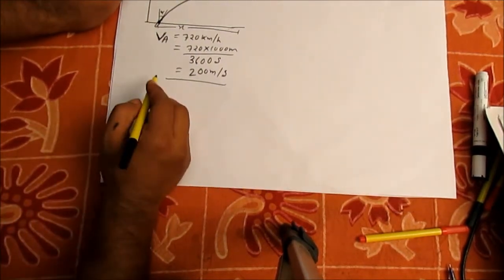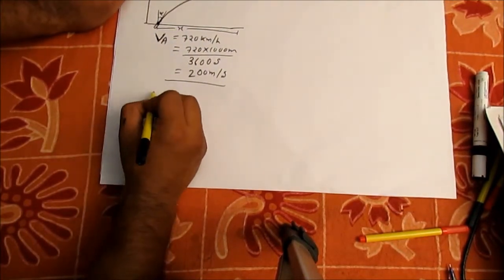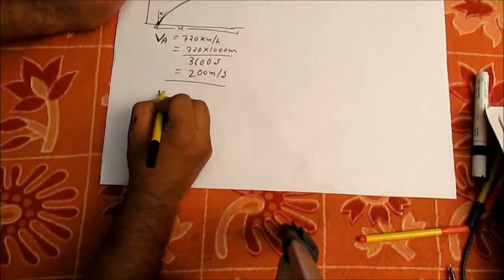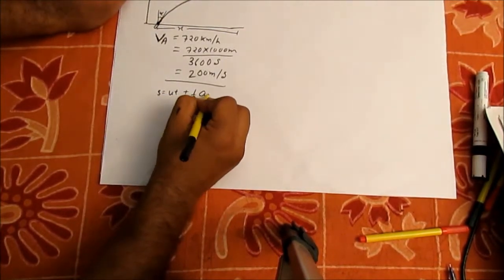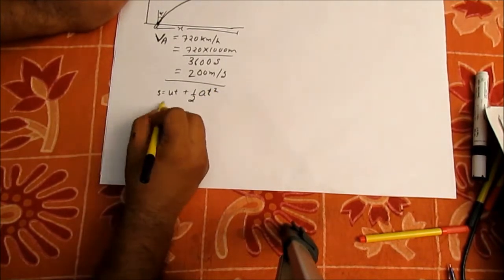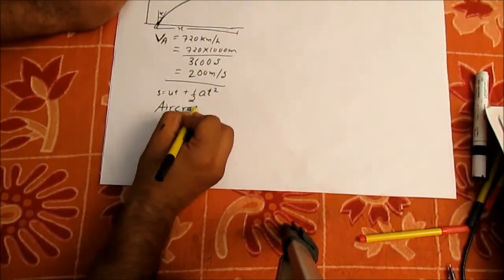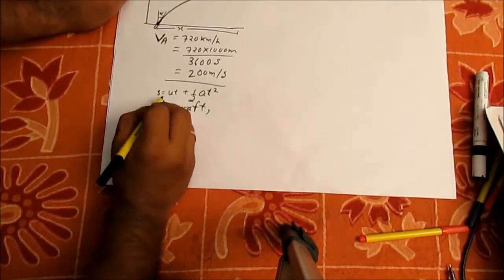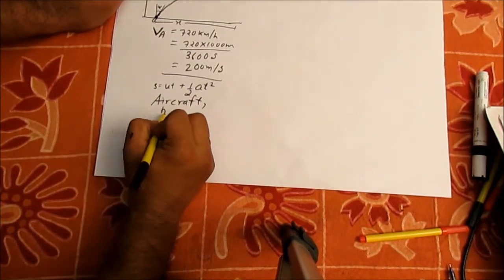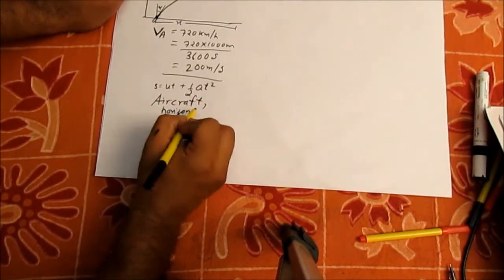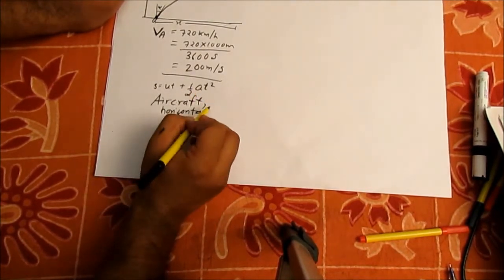Apply the equation S is equal to ut plus half at square. First we are solving for aircraft in the horizontal motion. There is no vertical motion of this aircraft.